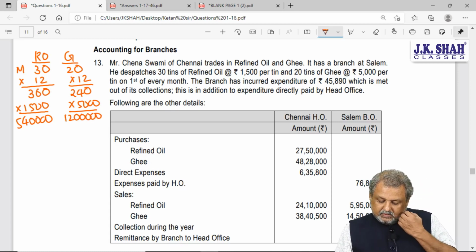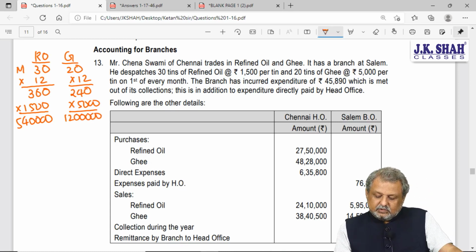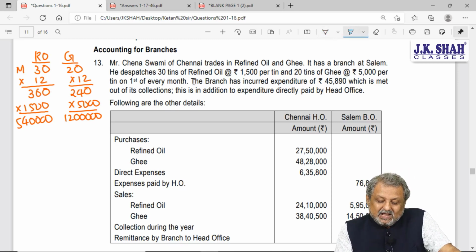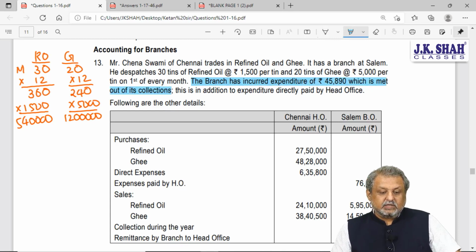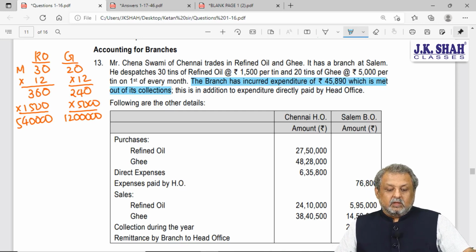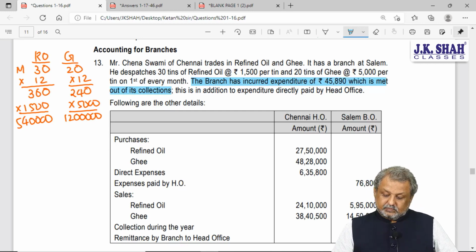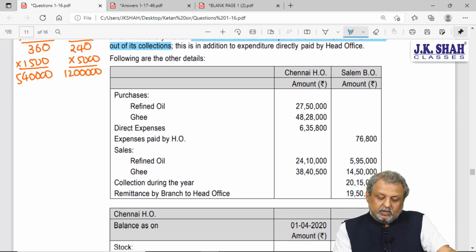Then branch has incurred expenditure of 45,890, which is met out of the collections. Means remittance will be reduced to that extent. Correct? Then following other details are available. Purchases is by head office. Branch does not purchase. Then direct expenses are by head office.